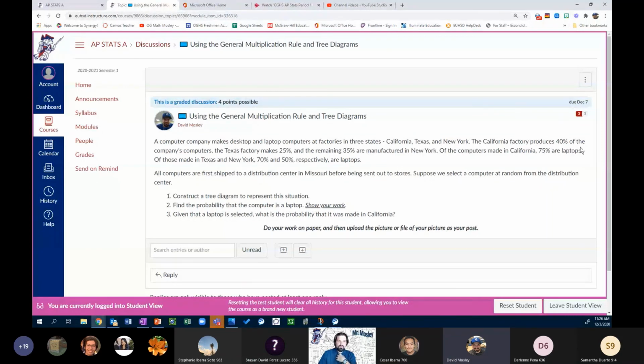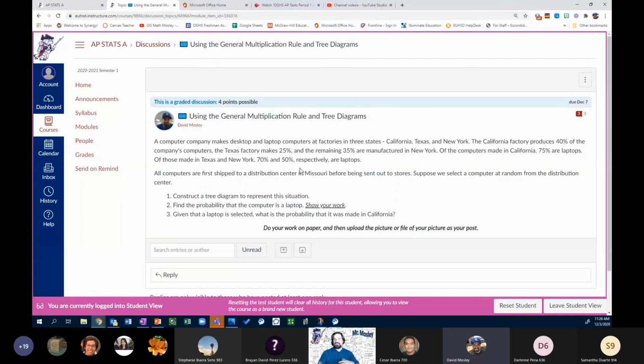California factory produces 40% of the company's computers, Texas makes 25%, and 35% are manufactured in New York. Of the computers made in California, 75% are laptops, meaning 25% are desktops. Of those made in Texas and New York, 70% and 50% respectively are laptops. So the 70% goes with Texas, the 50% goes with New York.